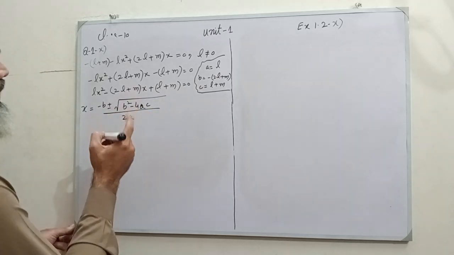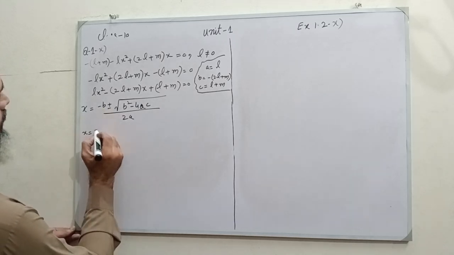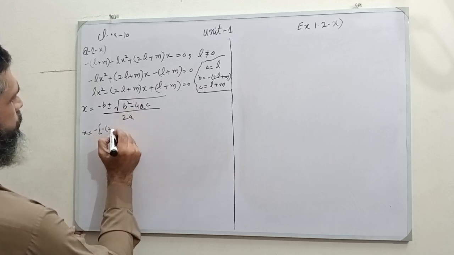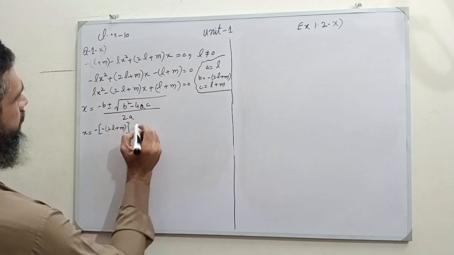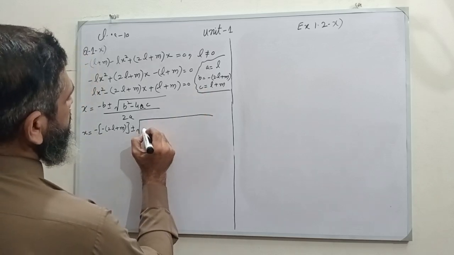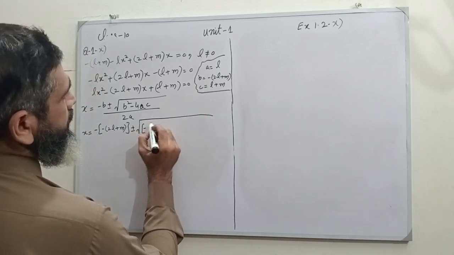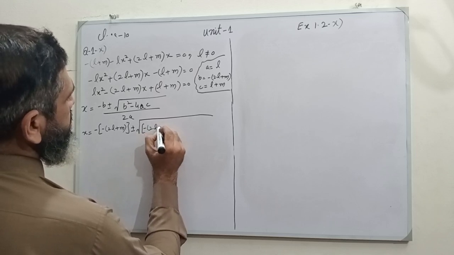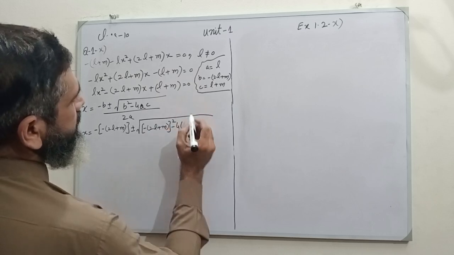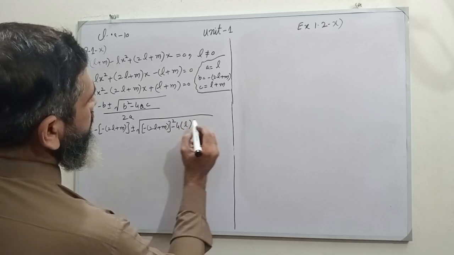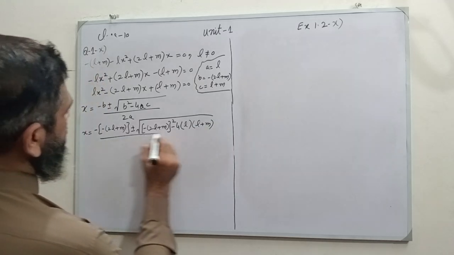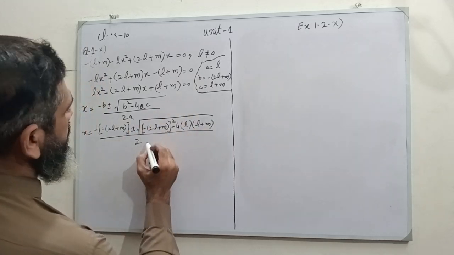So putting the values of A, B and C, here X is equal to minus, what is the value of B, minus 2L plus M, plus minus under root B square, B square means minus 2L plus M square minus 4, and what is the value of A? A is L, and the value of C is L plus M, divided by 2 into the value of A, which is L.